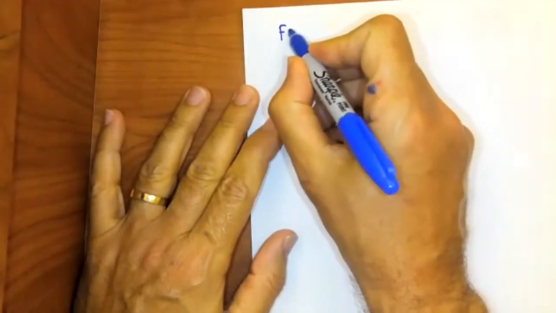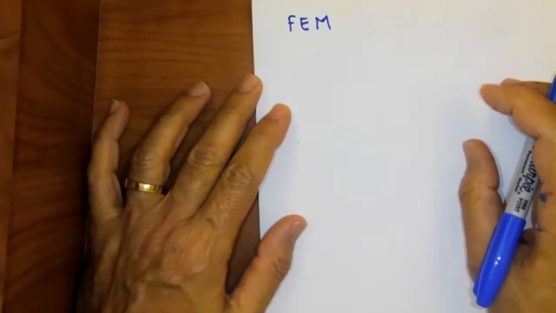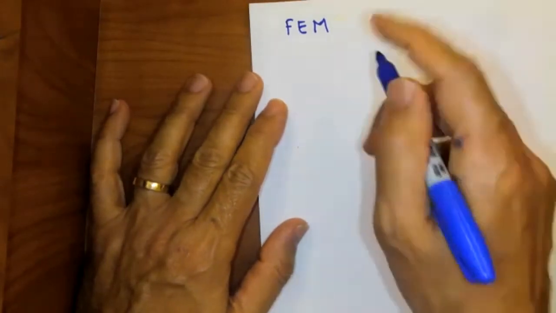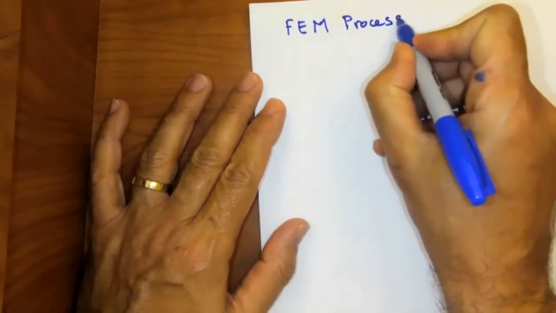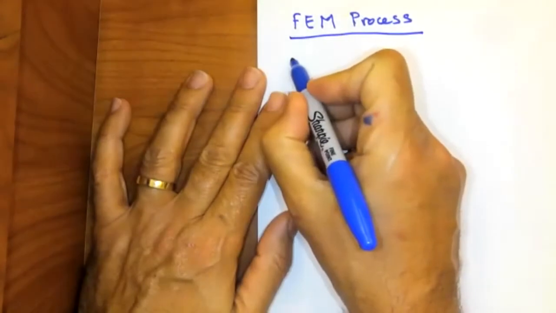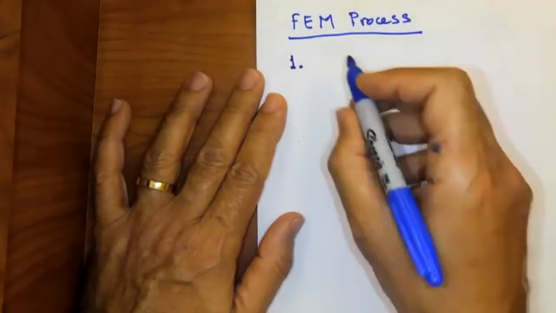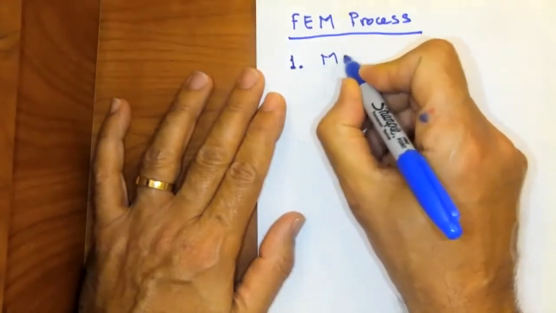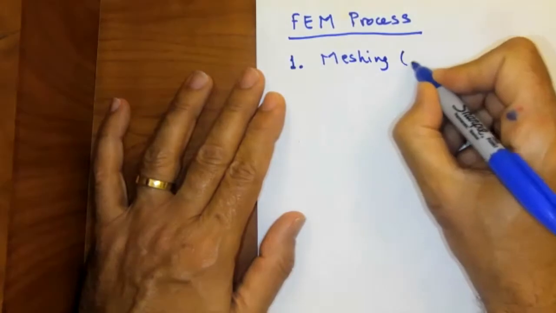So let me first start by trying to put together the steps that we're going to take to complete the finite element method process. I would say number one is meshing or discretization.